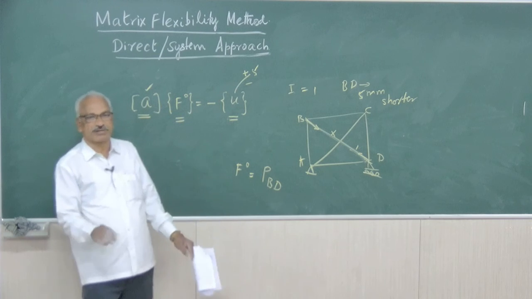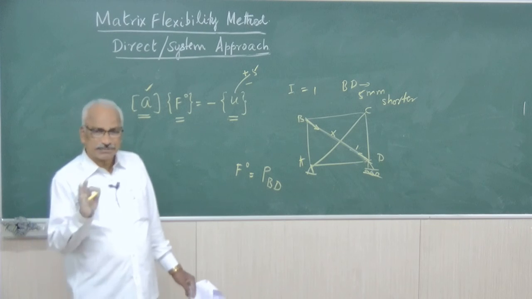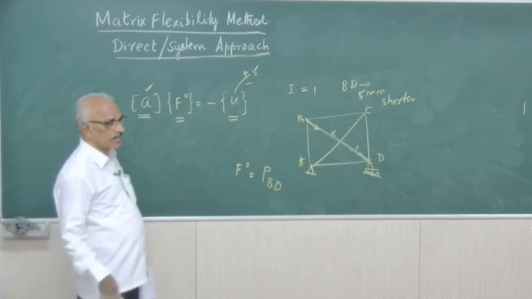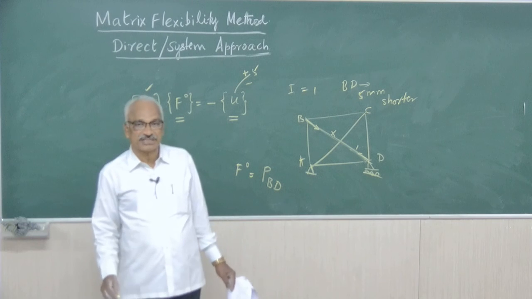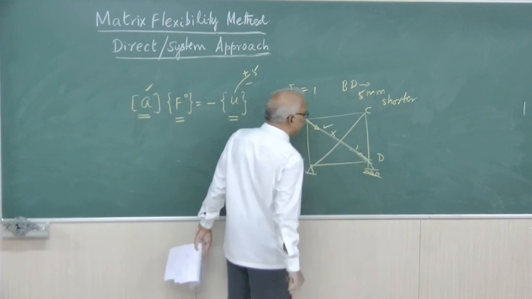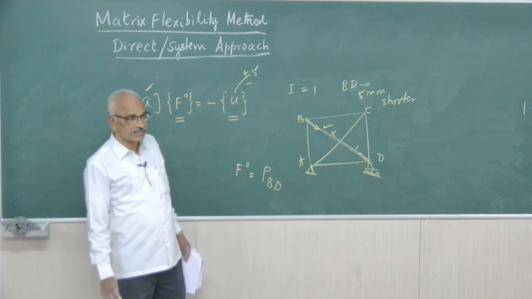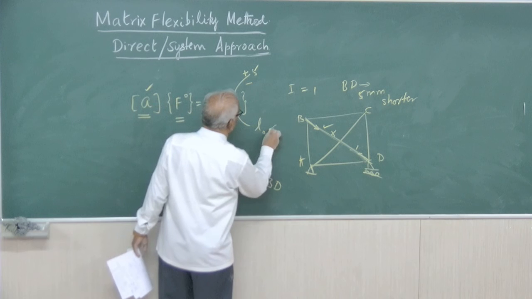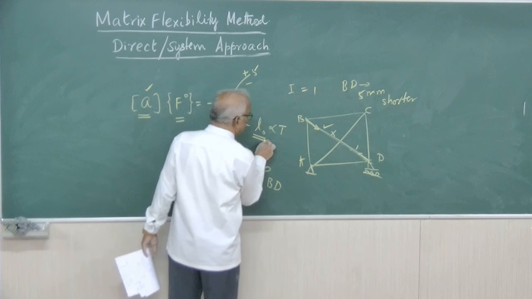The same problem, same model we have done in strain energy method. So accepting this change, in the analysis procedure there is no change. One more type of problem is that of members subjected to rise or fall in temperature. There also, suppose the member BD is subjected to a rise in temperature of 20 degrees centigrade. For that member, you find out the value of U equal to L naught alpha T. L naught is the length of the member subjected to rise or fall in temperature.